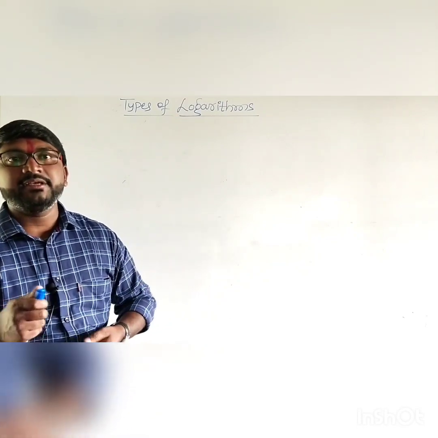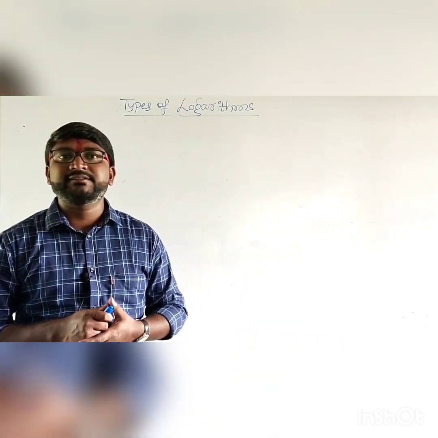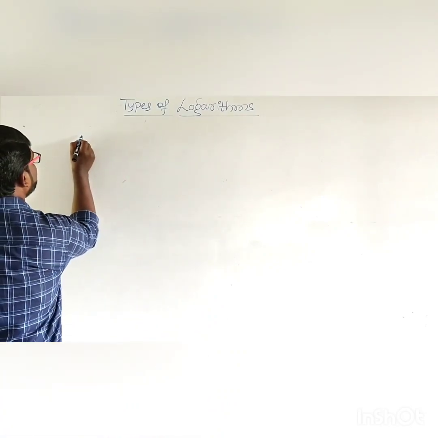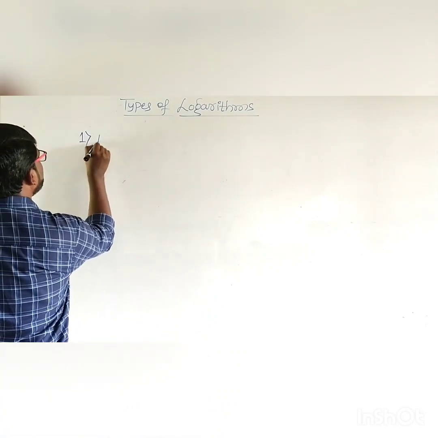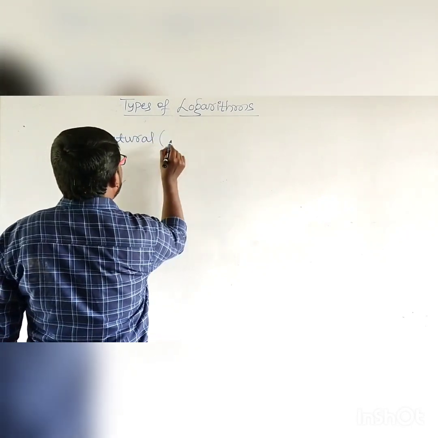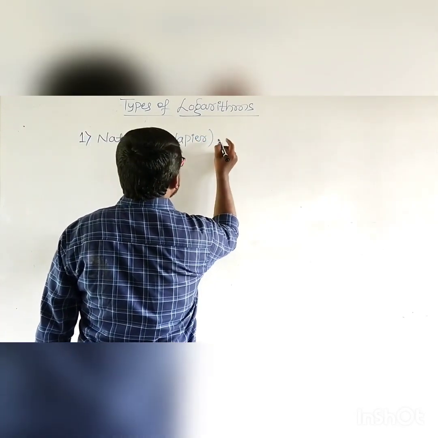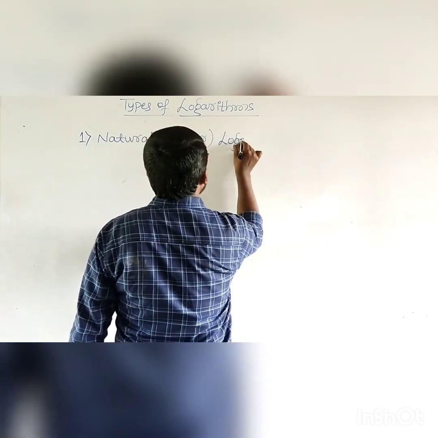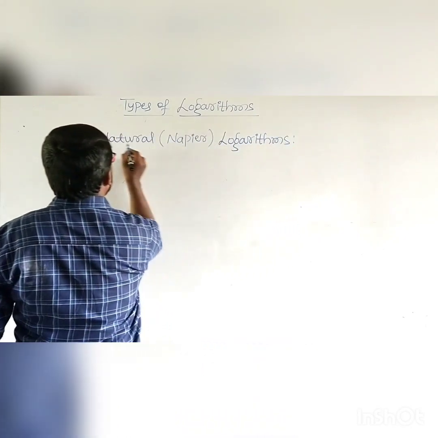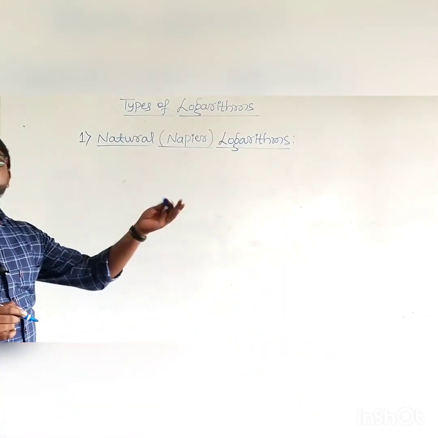Here we have mainly two types. The first one is the natural or Napier logarithms, and the second one is the common or Briggs logarithms. Let me take the first one, natural or Napier logarithms. Let us discuss this, and then we'll go for the common or Briggs logarithm.